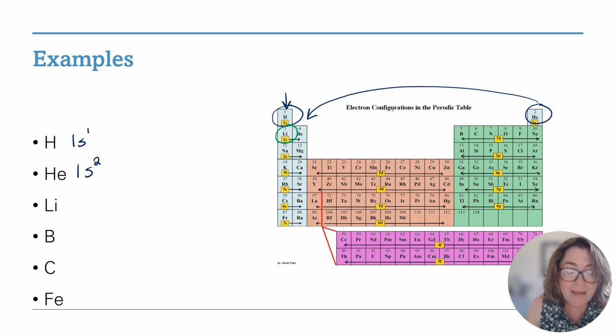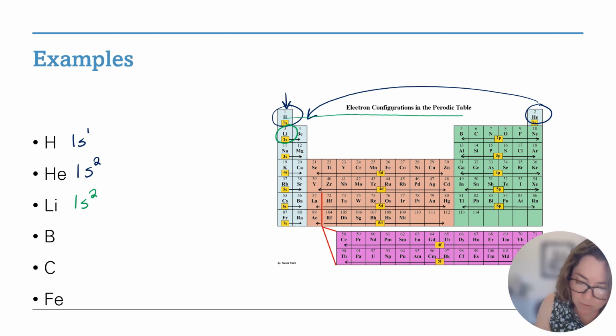So lithium has 3 electrons. I'm going to put those first 2 electrons in 1s2, right? So I'm going to completely go across that 1s, and then I am 1 block into 2s. And so I have 1 electron in 2s.